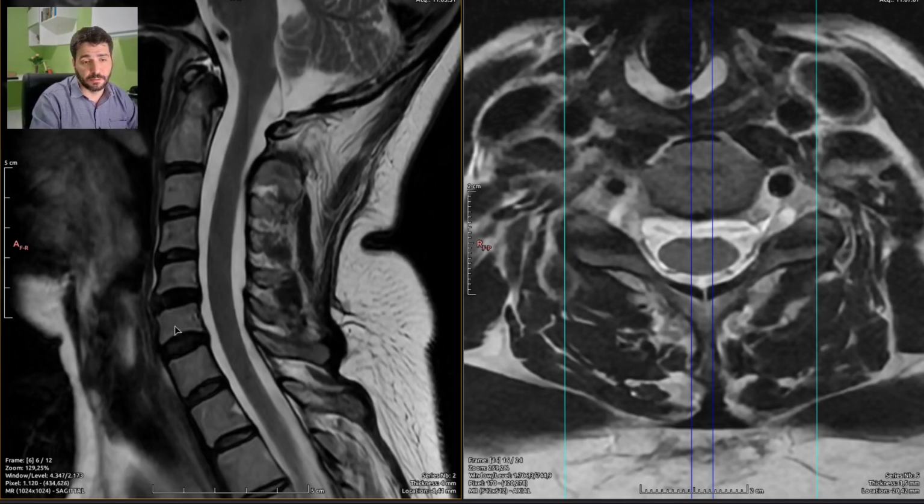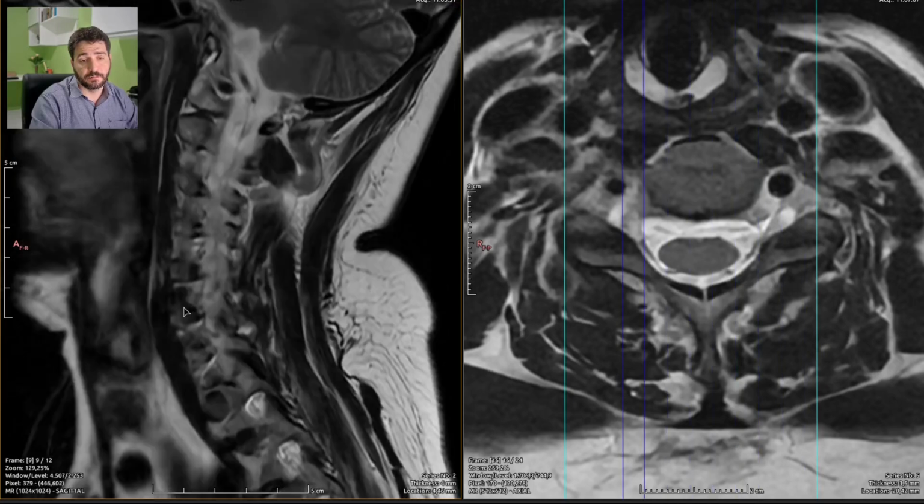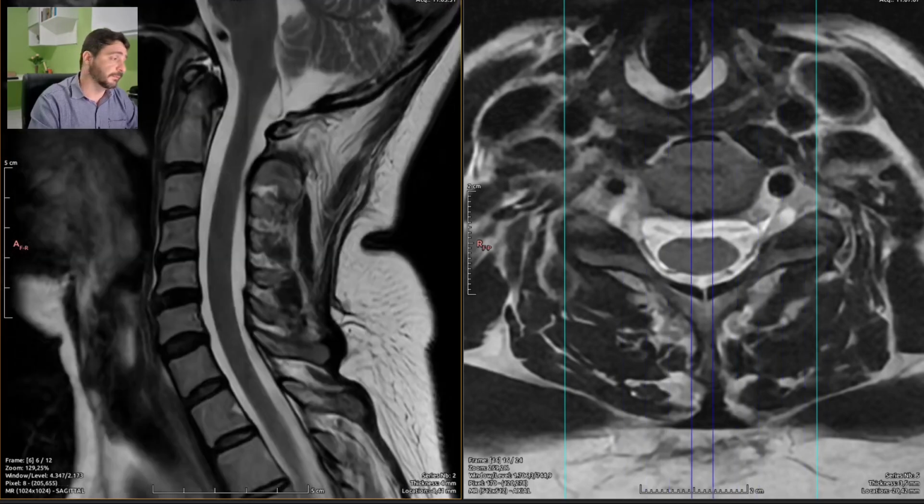There are also tiny osteophytes on the anterior margins and the lateral margins of the vertebral bodies. So there is reduced height and T2 intensity of the discs, which is translated to chronic dehydration, degenerative dehydration of such discs.